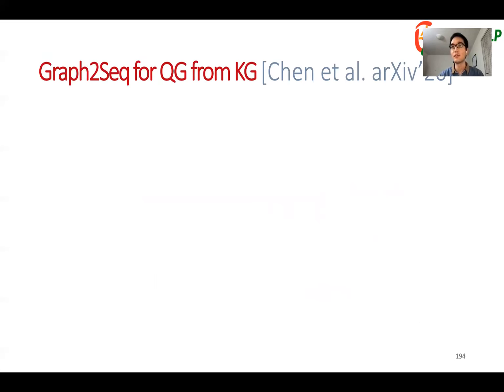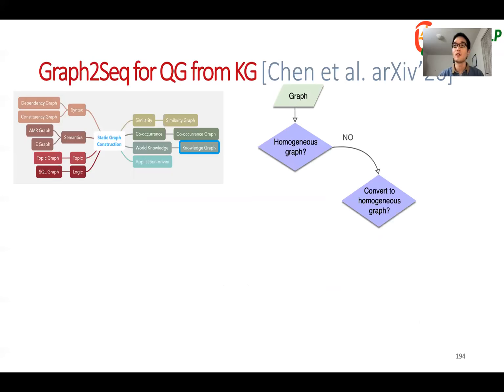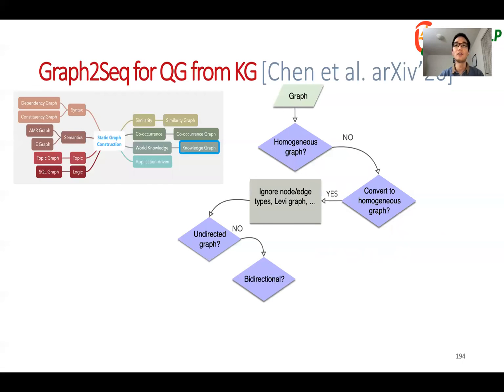As for graph construction, the authors extracted a KG subgraph surrounding a topic entity. And as for graph representation learning, the authors explored two strategies. One strategy is to first convert the KG subgraph to a homogeneous graph via Levi graph construction, and then apply bi-directional GNNs to encode the graph.